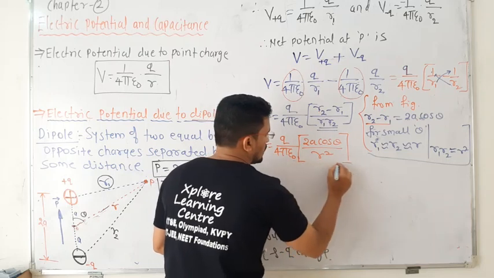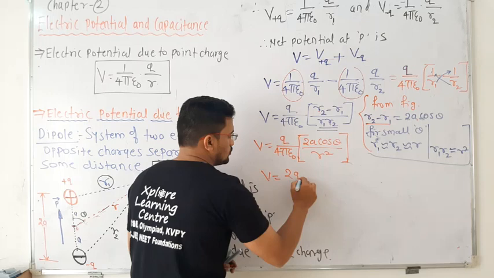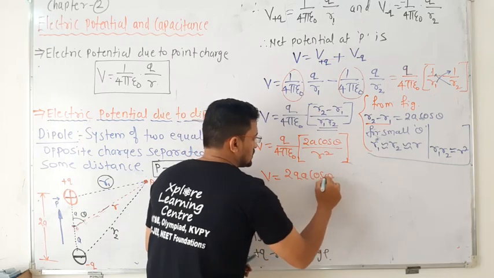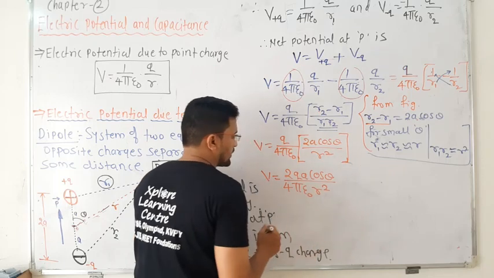Reassembling, it becomes 2qa cos theta divided by 4 pi epsilon naught r square.